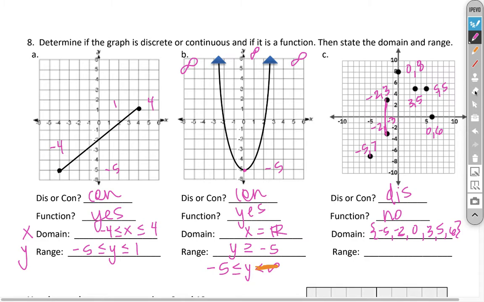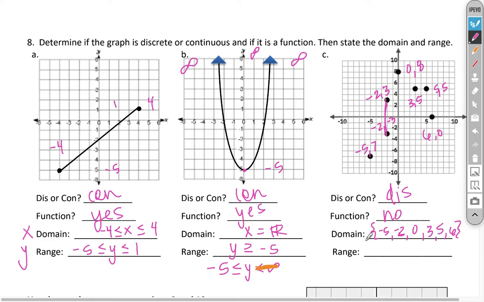I just realized I totally messed that one up. This is 6, 0. My bad, guys. Kind of rushing through this, and obviously I shouldn't be. But, so we've got negative 5, negative 2. We only need to write it once. 0, 3, 5, and 6.